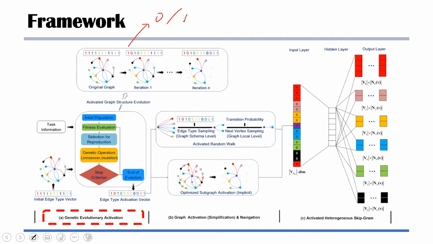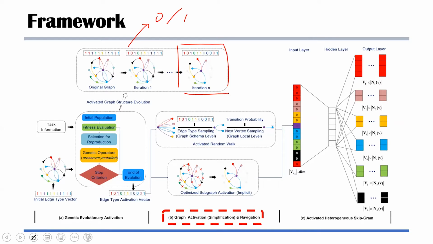So we can randomly initiate a number of solutions, and by using the genetic algorithm and an evolutionary activation function, hopefully we will evolve to the best solution to activate the most significant edge types and ignore those unimportant edge types given a specific task.